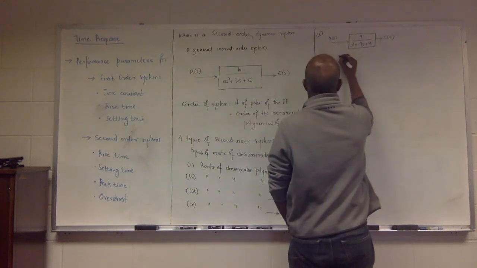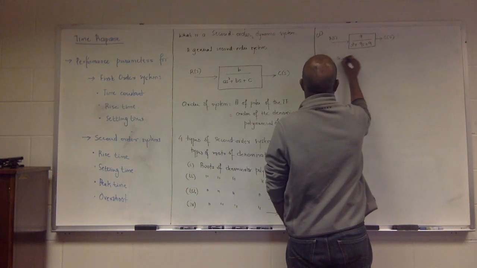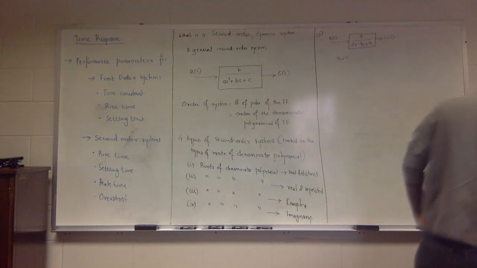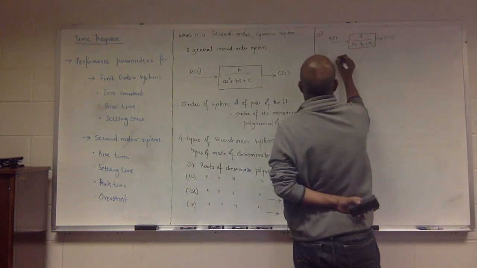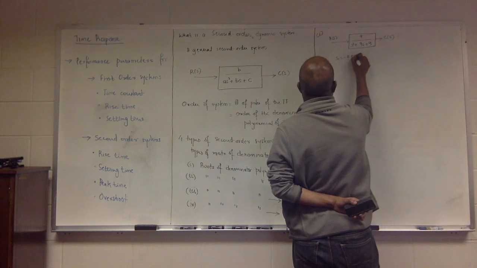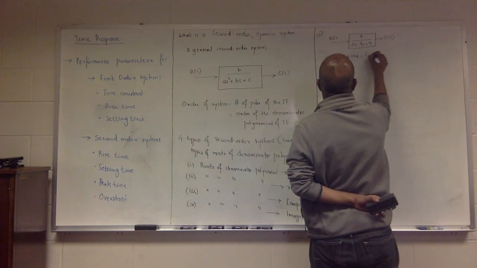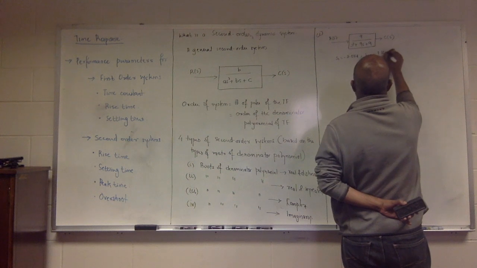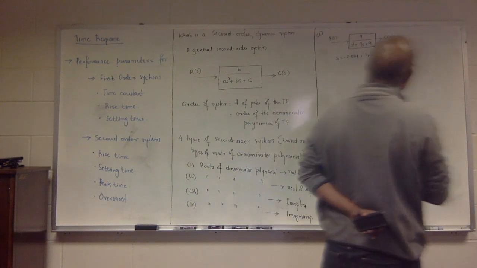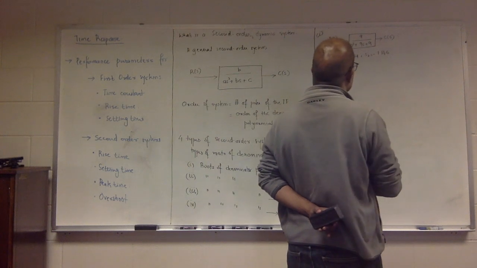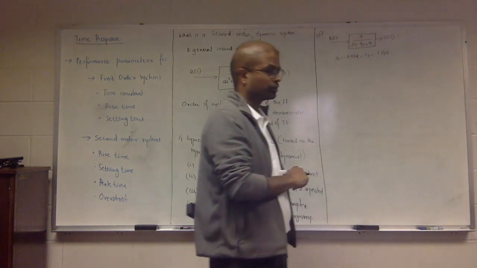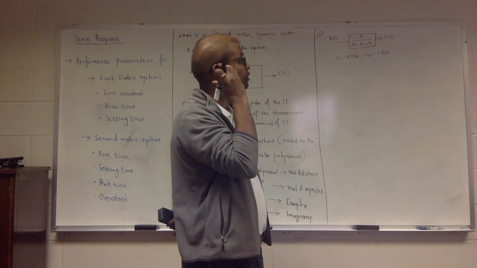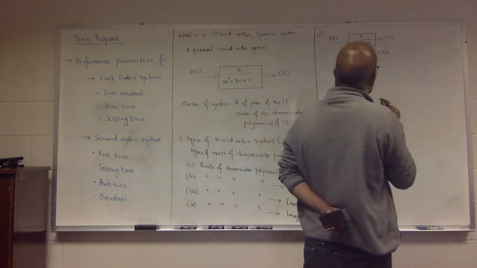So your roots would be these. Essentially, if you use the quadratic formula for finding roots, minus b plus or minus square root of b square minus 4ac over 2a, you're going to get these roots.